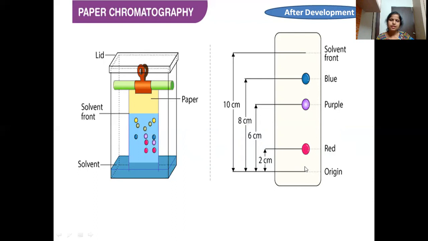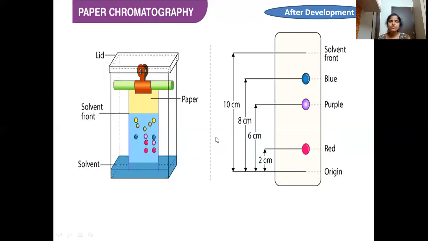Here you can see the red spot has traveled up to 2 centimeters. The purple spot has traveled up to 6 centimeters. Blue has traveled up to 8. And we need to measure the distance the solvent has traveled also. You have to mark it with a pencil after removing from the chamber. That is 10 centimeters.